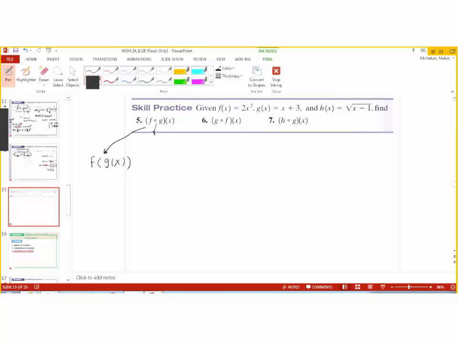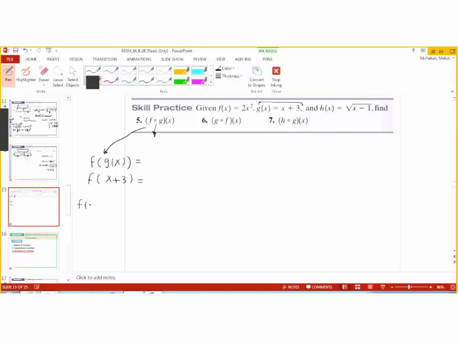That's the first thing we do, to get rid of this little symbol here. And then I would replace g of x with what's given to me. g of x is given to me as x plus 3.